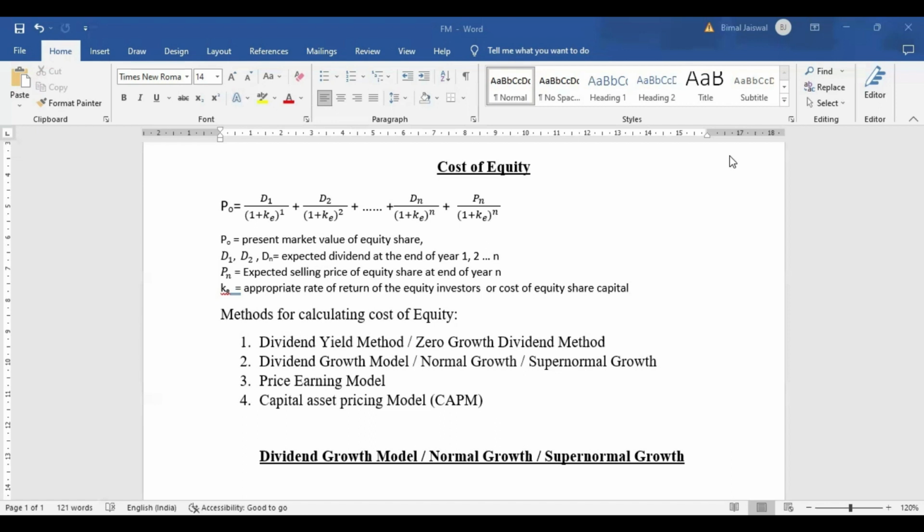In the first model, we considered that no growth is there in the amount of dividend. That was the dividend yield method, that is the dividend divided by the current market price of the share, which is the net proceed. Today we will take up another model where we assume that the amount of dividend is growing. At what rate? At a normal growth and at a supernormal growth.